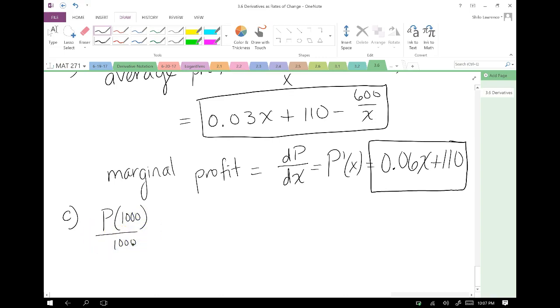That was our average profit. Now I've already simplified that function, so I'm just plugging 1,000 into there. So 0.03 times 1,000 plus 110 minus 600 over 1,000.